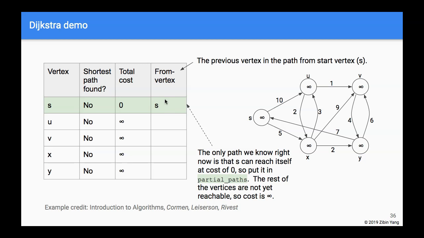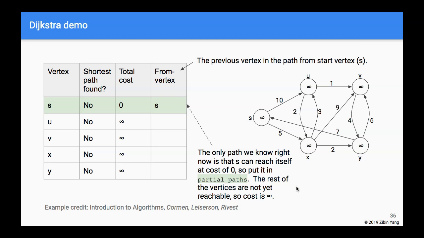So that's just to bootstrap our whole algorithm. And the information about this vertex, we can put it in the partial paths, because we have a path from S to S. So this is similar to bootstrapping our breadth first search.